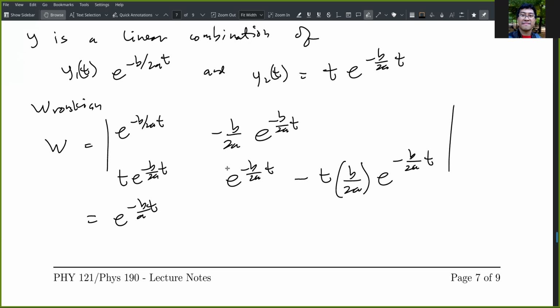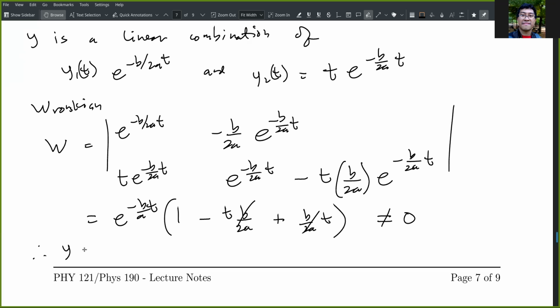Okay, so this times this, that's 1, minus this times this, that's t b over 2a, then minus this times this, which is actually plus, this times this, it's t b over 2at. This 2 cancels out. So we are left with this term, which is still not 0.